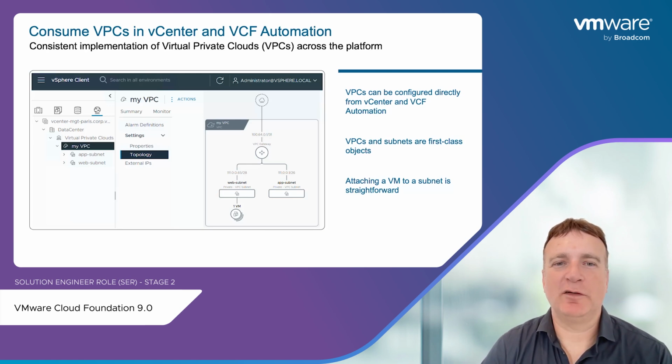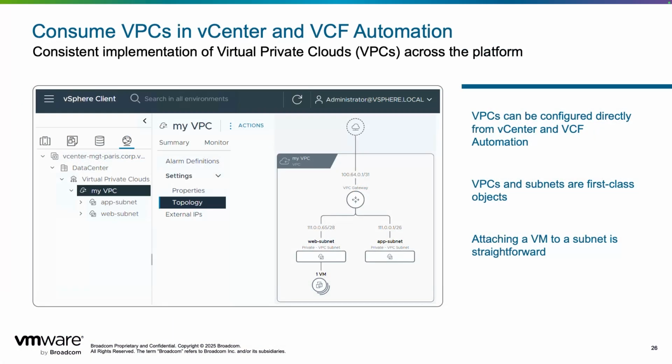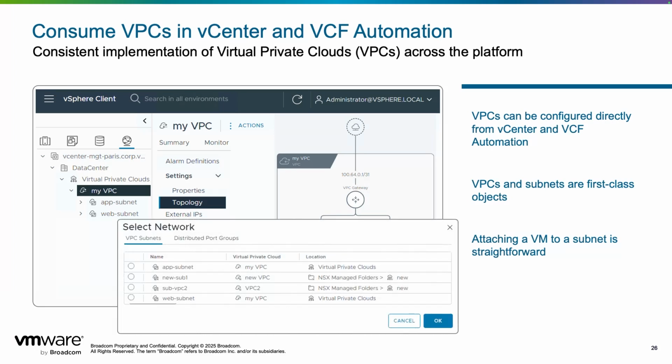Other non-default projects appear in vCenter as read-only and cannot be modified from here. vCenter also displays subnets directly in the user interface, allowing you to easily connect a VM to a subnet, similar to how you'd attach a VM to a DV port group. In fact, both options are available side by side in the interface.